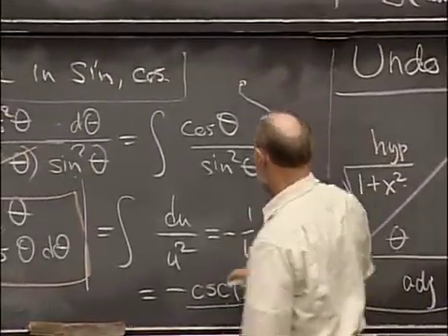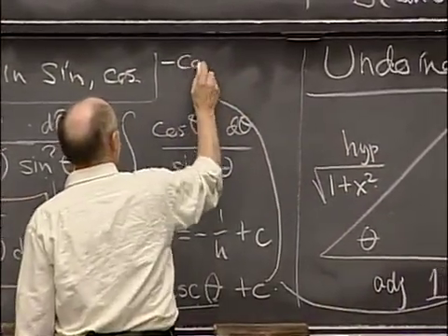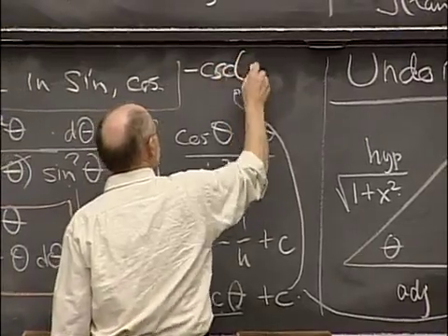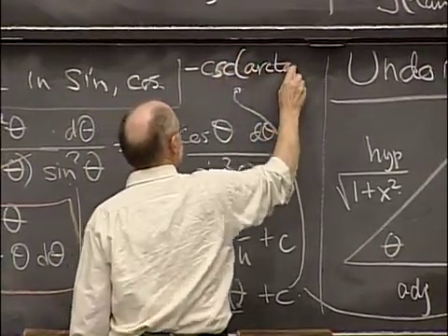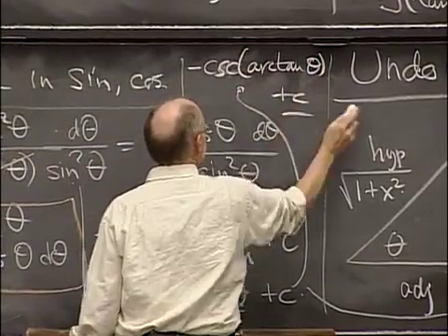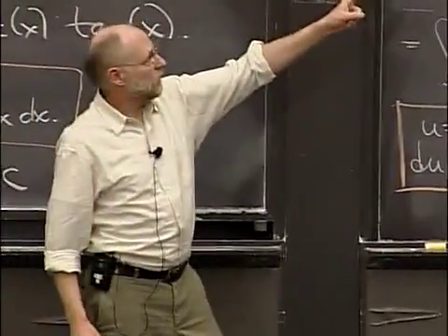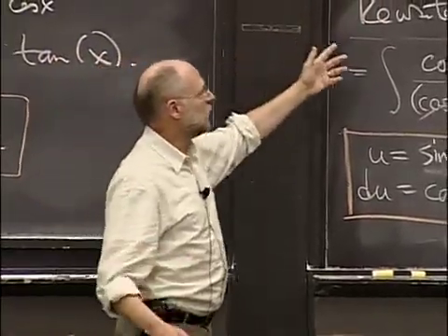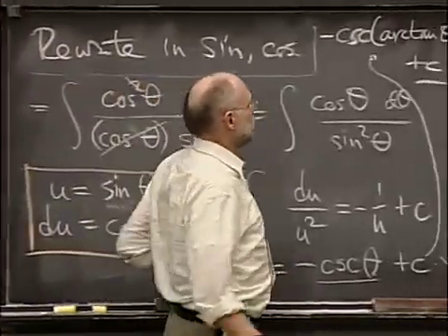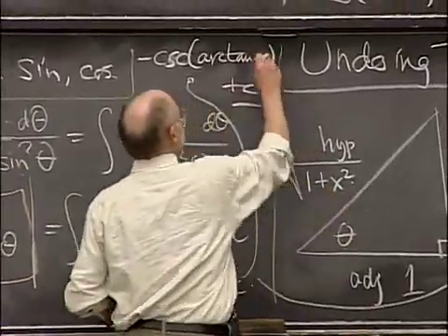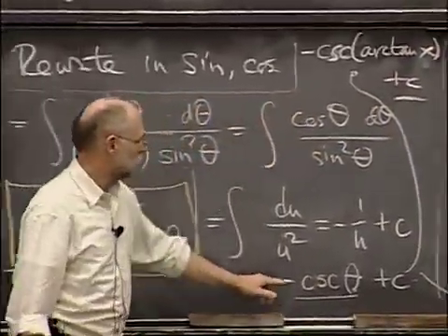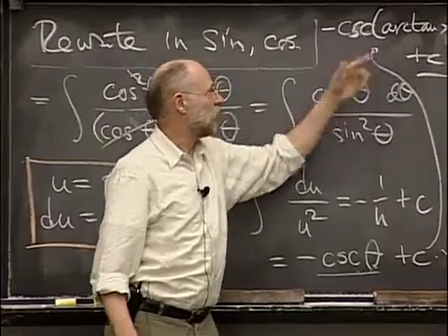I should have said this is minus the cosecant of the arctangent of x plus a constant. The most straightforward thing you can do is to say, since x is the tangent of theta, that theta is the arctangent of x. So let's just put in theta as the arctangent of x, and that's what you get.